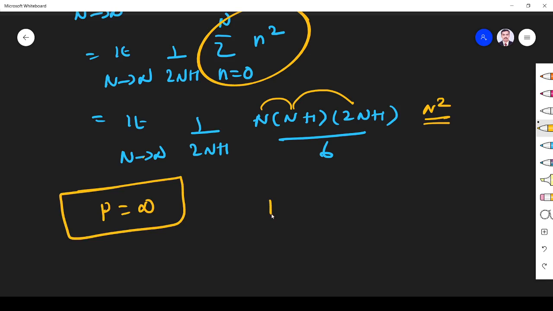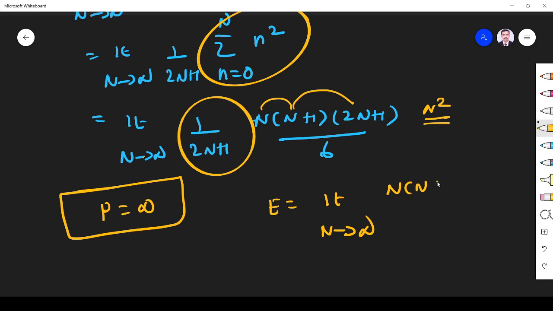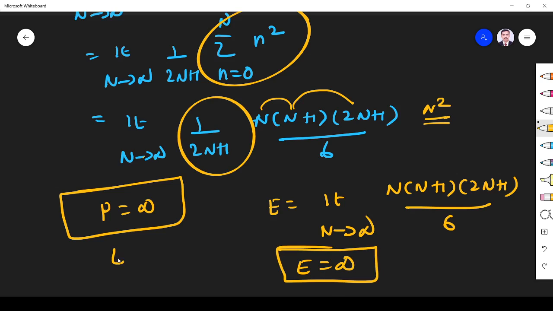Right? What about energy? Energy is again limit n tends to infinity, except this 1 by 2n plus 1. Except this 1 by 2n plus 1, the answer is this one only: n into n plus 1 into 2n plus 1 by 6. Surely this is also infinity. So energy is infinity. So both energy and power are infinity.